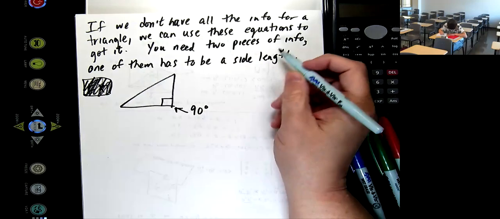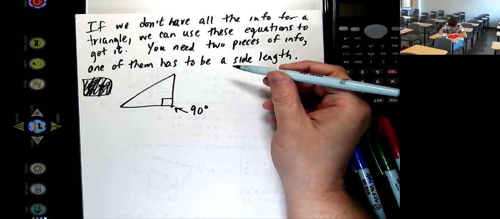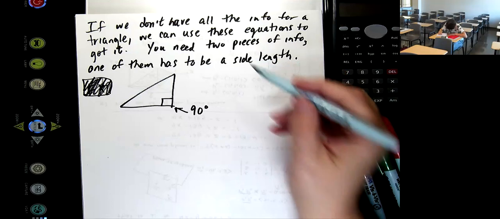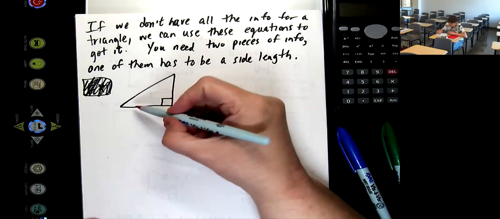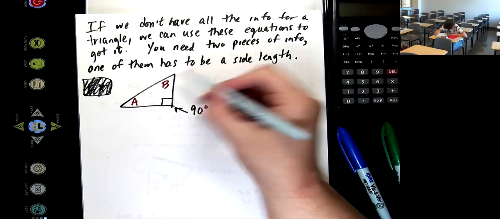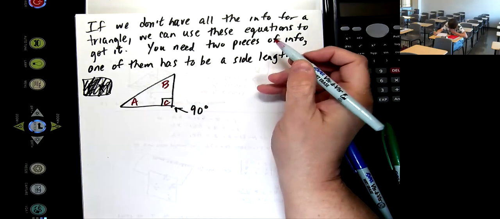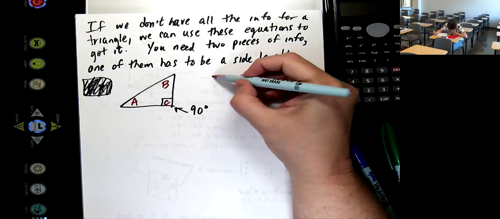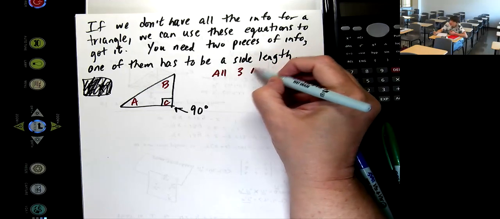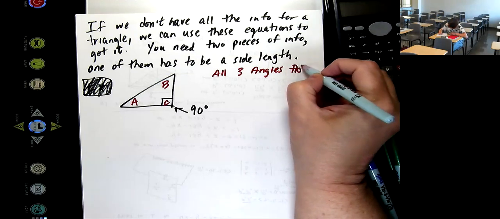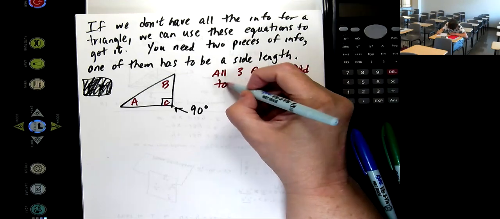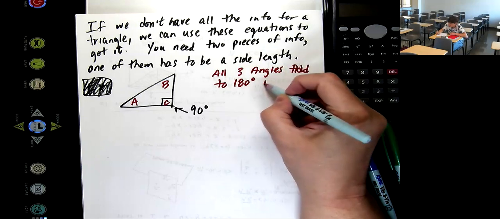The right angle is 90 degrees. If I have angle A and angle B in here, the right angle is technically angle C. All 3 angles add to 180 degrees in any triangle.